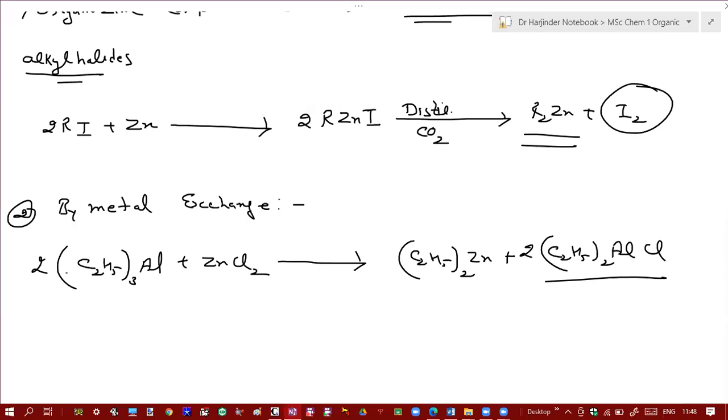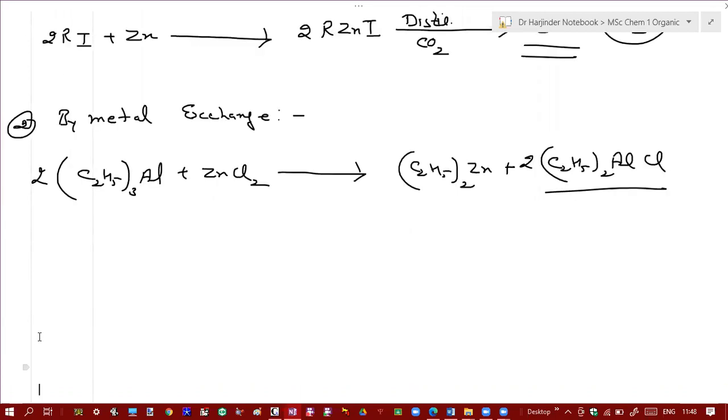Dialkyl zinc compounds are very mild reagents compared to Grignard reagent or other organometallic reagents. Can they react with aldehydes or ketones? Let us see their reaction with carbonyl compounds.